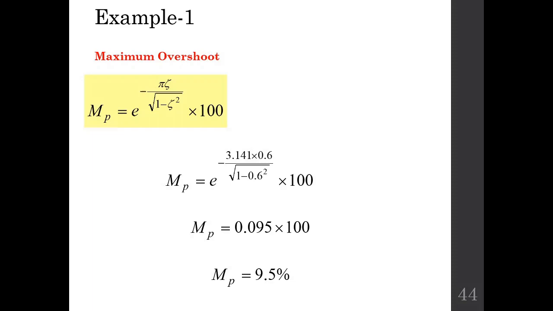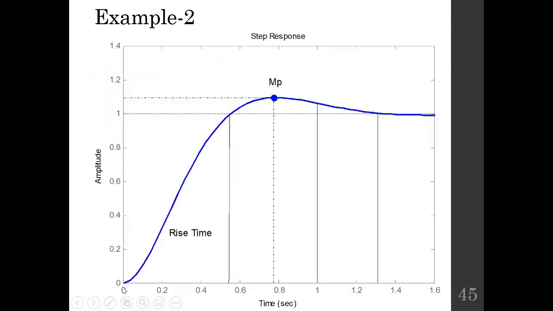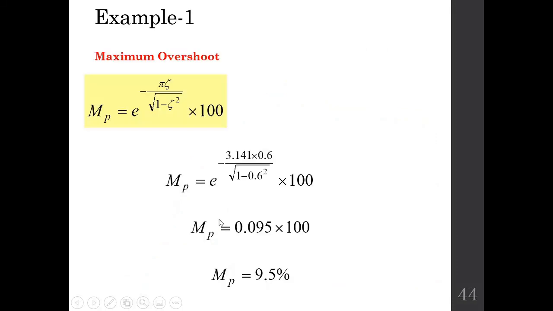Let us plot all of these terms in the system response graph. So if this is the step response of your underdamped system, then the rise time is somewhere here. Let us see what our rise time is.